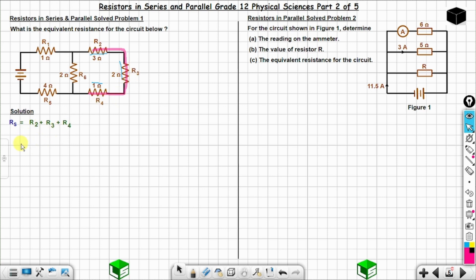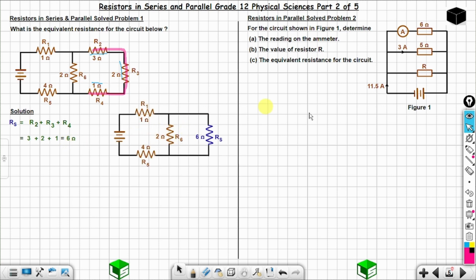This is equal to 3 ohms plus 2 ohms plus 1 ohm. You are going to have 6 ohms. Now, if you want, you can redraw the circuit by replacing these resistors with one resistor, which is equal to 6 ohms.